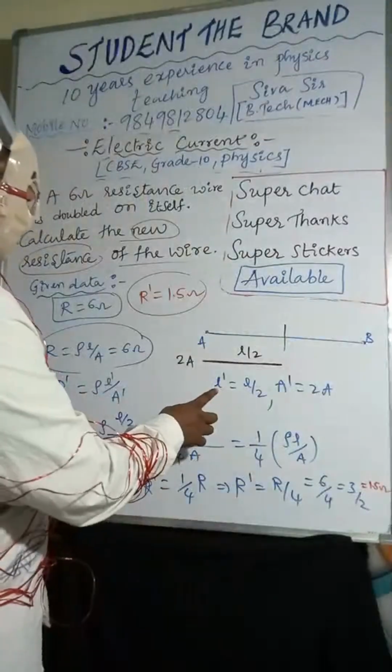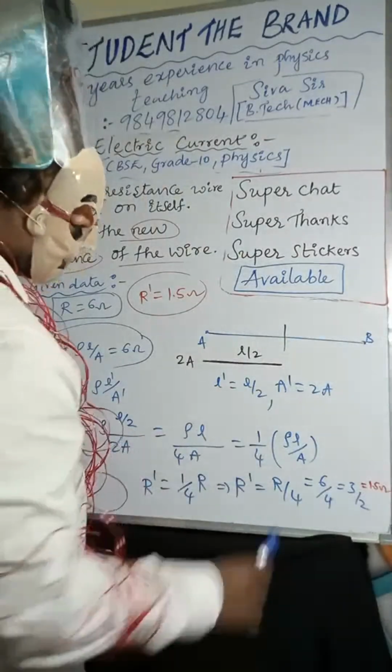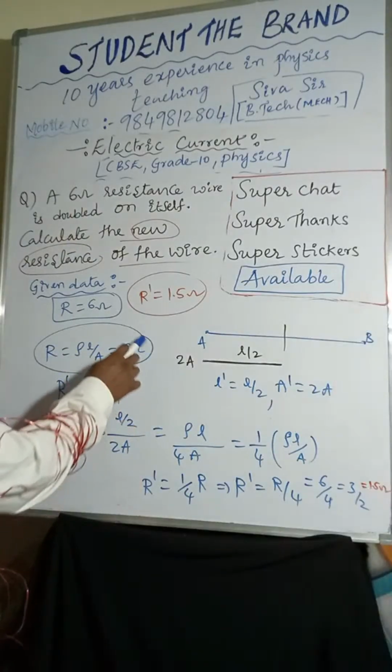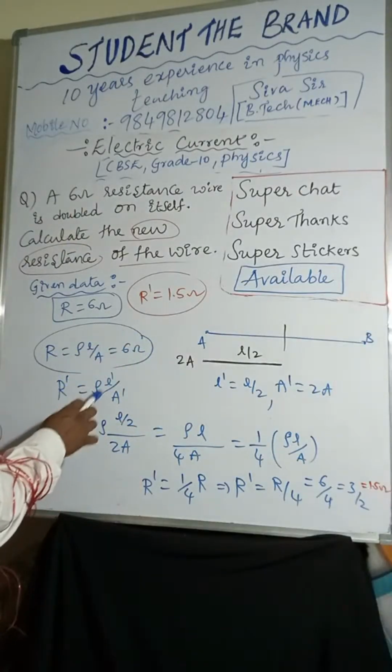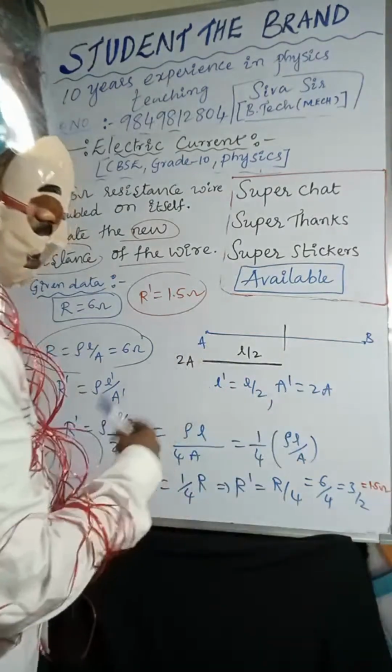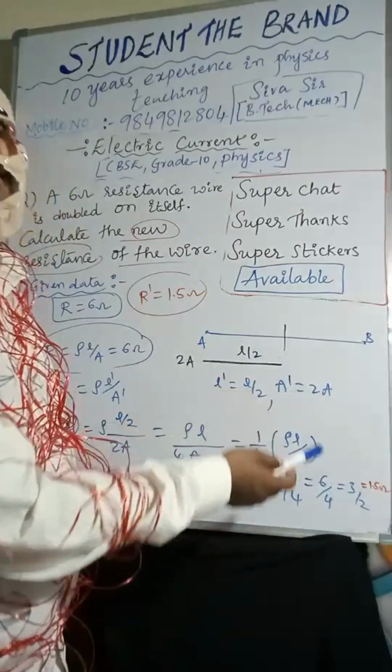So here length is L by 2 and area of cross section is 2A. Substitute in R equal to rho into L by A: R dash equal to rho into L dash by A dash.